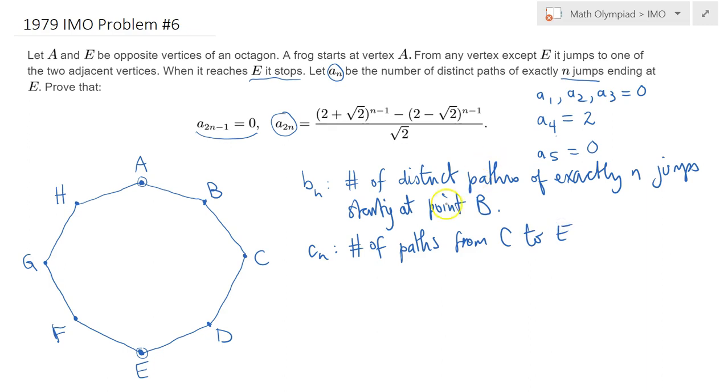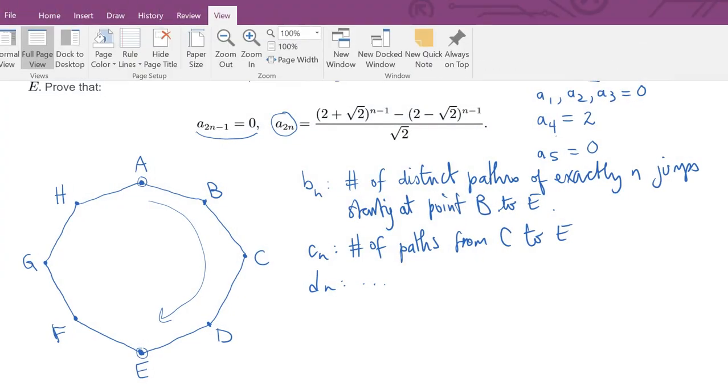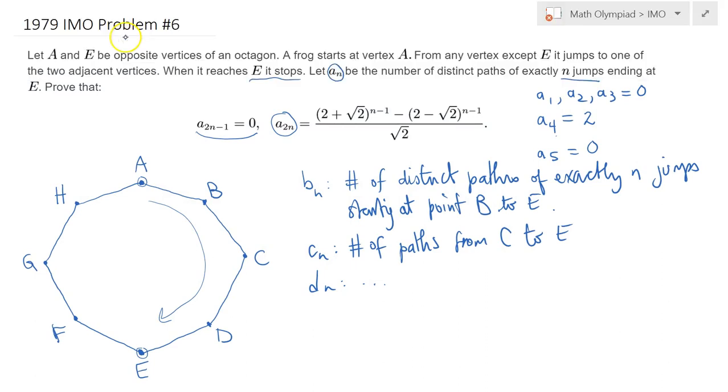So the previous one was also starting at point B and going to point E. Okay. And so on. You can clearly describe D sub n in a similar way. Notice that I'm only worrying myself about one half of the octagon because there is a pure symmetry in this picture, right? I will exploit this symmetry in just a minute, right?